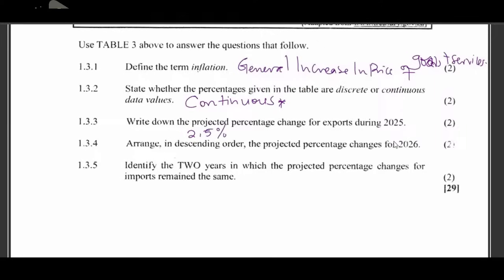Arrange in descending order the projected percentages of 2026. We're going to do descending order, descending big to small. So we go to our percentages.